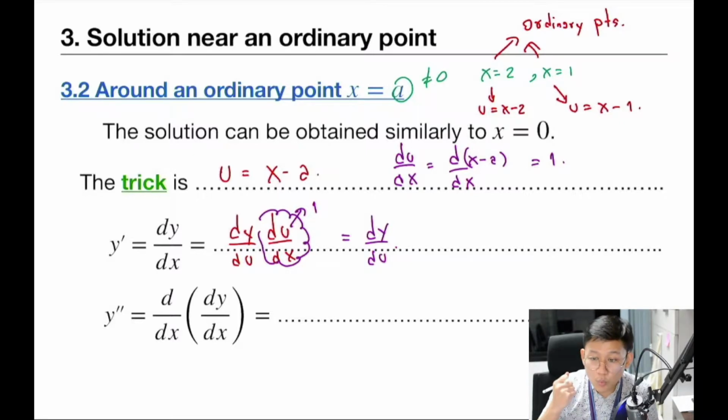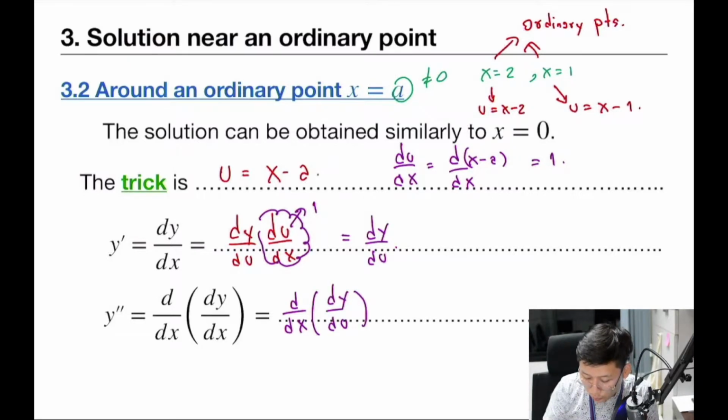Then y double prime would be d by dx of dy by dx. That is the definition of y double prime, right? And dy by dx is the same as dy by du.